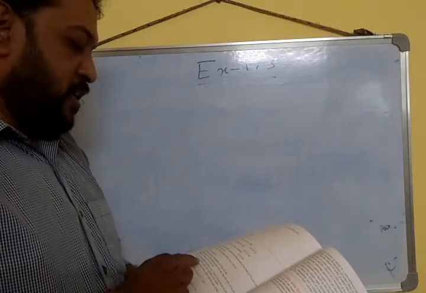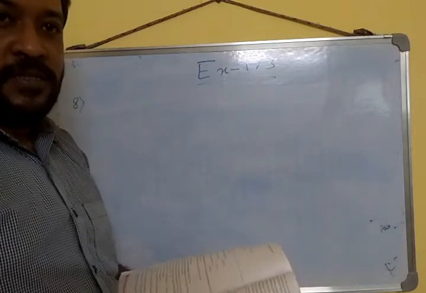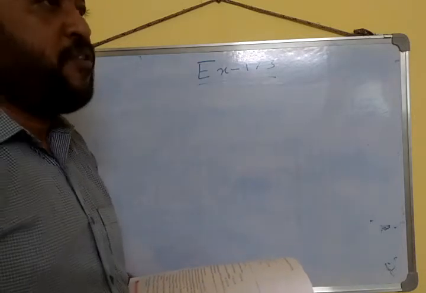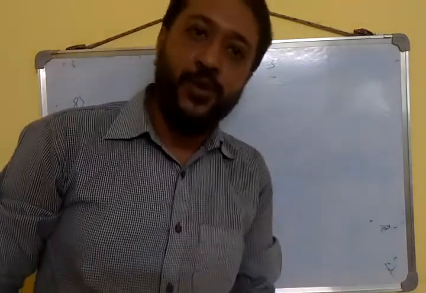Find the ratio of the surface areas of the balloon in two cases. We have to find out the ratio of the surface areas of the balloon in two cases.